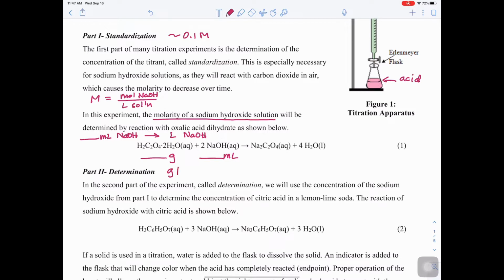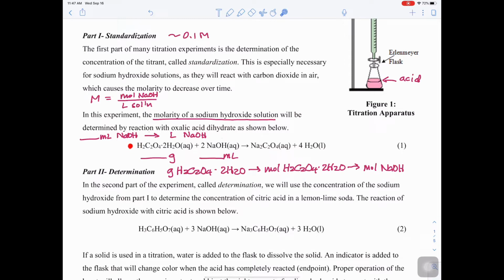So grams of H2C2O4·2H2O. We're going to convert that to moles using the molar mass. And then we can convert that to moles of sodium hydroxide using the mole ratio from the balanced chemical equation.